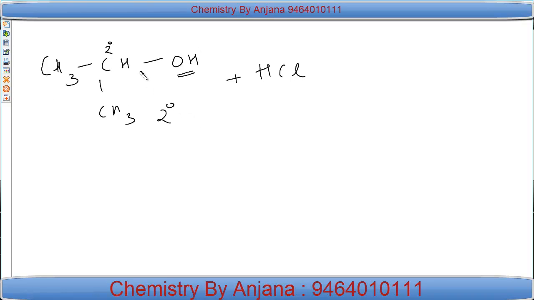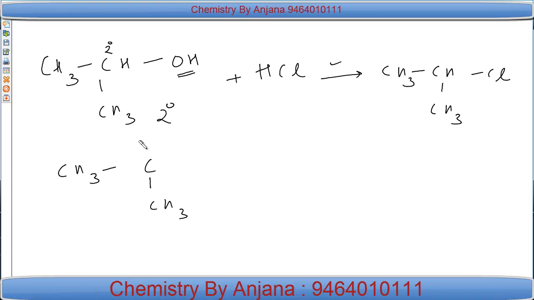If I make this secondary alcohol react with HCl under similar conditions, I get secondary alkyl halide, for example like this, CH3, CH, CH3 and Cl. Same ZnCl2 I have used over here also. Similarly, if I choose now a tertiary alcohol, CH3, C, CH3, CH3 and then OH. This is tertiary alcohol. If I choose tertiary alcohol to react with HCl in combination with ZnCl2, I get tertiary alkyl halide.